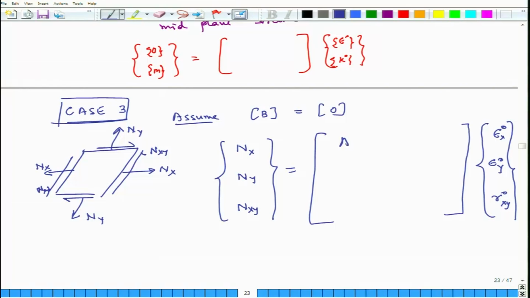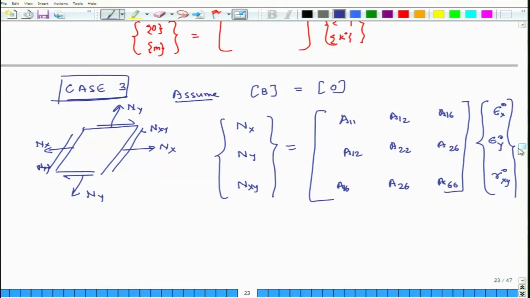A11, A12, A16, A22, A26 and A66, A12, A16, A26, times epsilon x naught, epsilon y naught, gamma xy naught. Now, consider the case that we are applying only Nx on the plate. Then Ny and Nxy are 0.